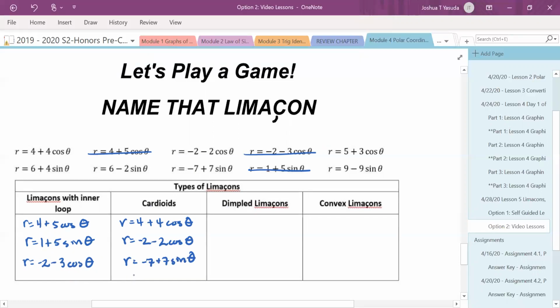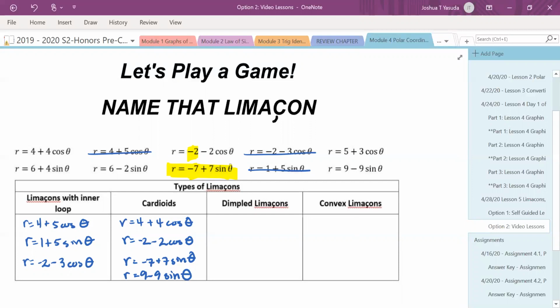Okay. What else? Ooh, missed one. r equals 9 minus 9 sine of theta. I know some of you are asking, what's going on here? What's happening? It's going to do the same thing. So like this one right here, r equals negative 7 plus 7 sine of theta is going to go down towards 3 pi over 2, because if you do theta as 3 pi over 2, the sine of 3 pi over 2 is negative 1.